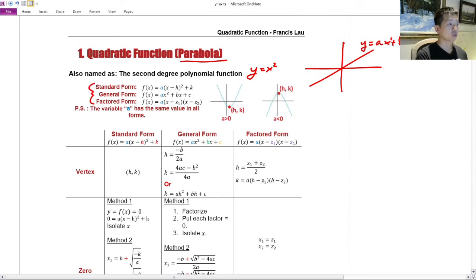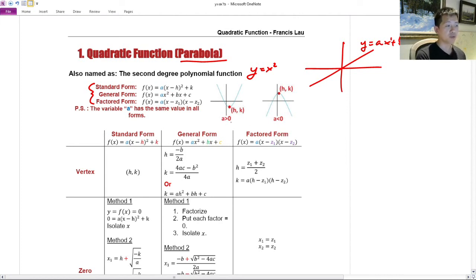Okay, so first of all, we have these 3 different forms: standard form, general form, factor form, and the coefficient a, the parameter a, is actually the same value in all the forms. Okay, so what is in common in these 3 forms is the a. Okay, the value of a is the same.